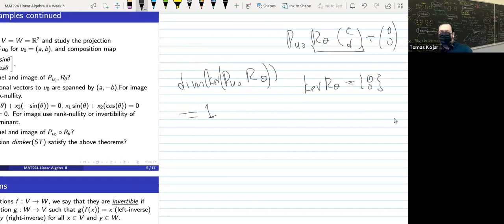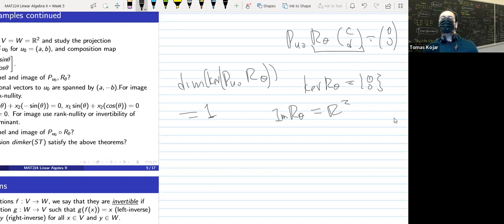Moreover, we are talking about the image of rho theta, and that is all of R2.